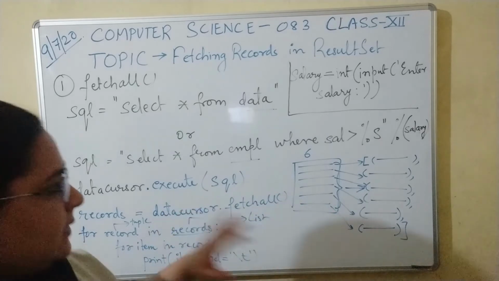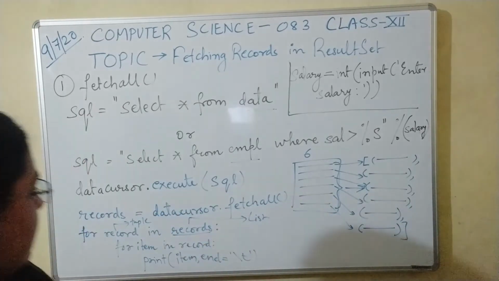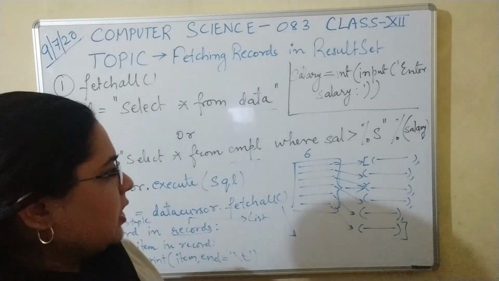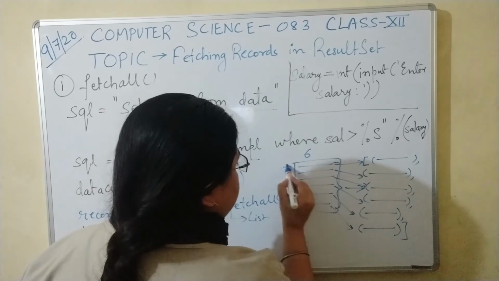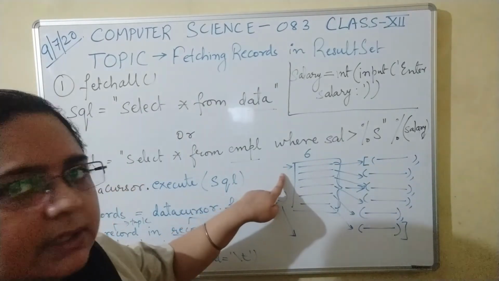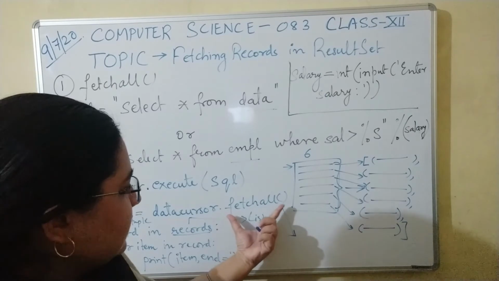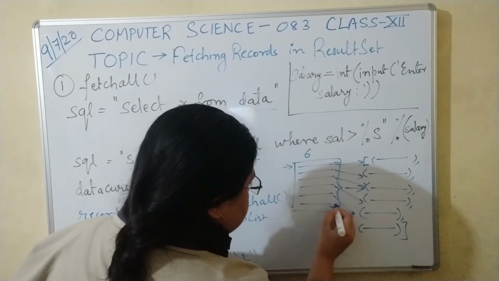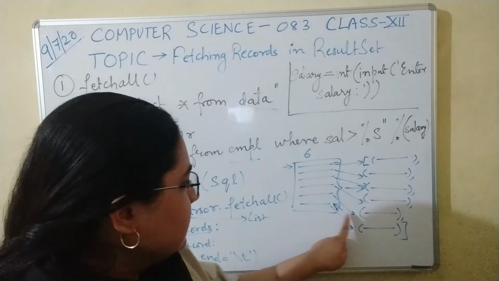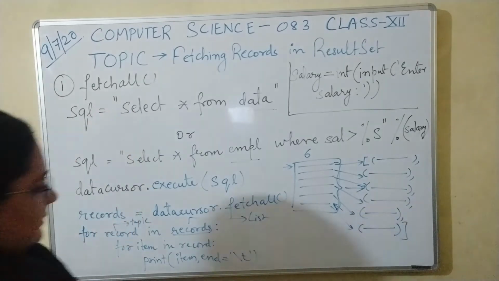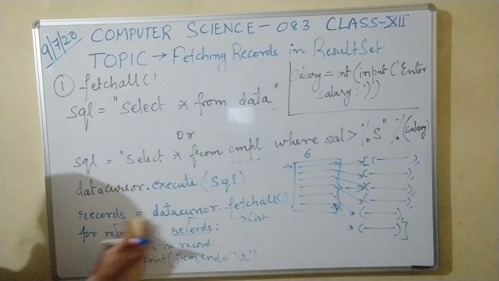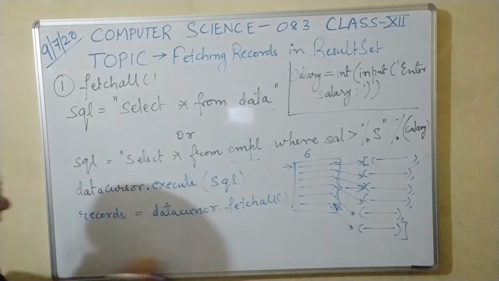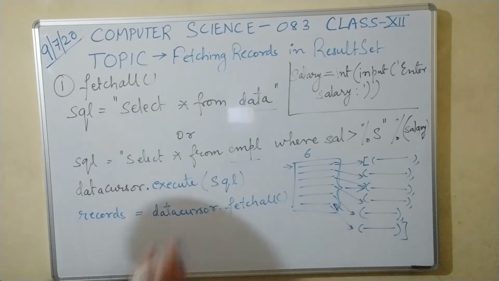Now we will see the next method. Before using the fetchall method, the pointer is set at the beginning of the first record within the result set. Once you have executed fetchall, the pointer is set at the end of the last record. If you want, after the fetchall method, you can also get the number of tuples by using the rowcount feature.